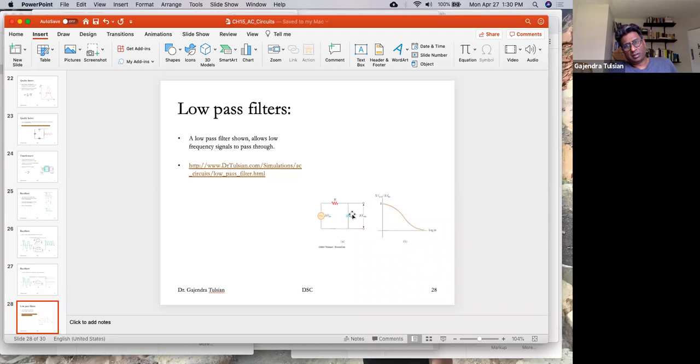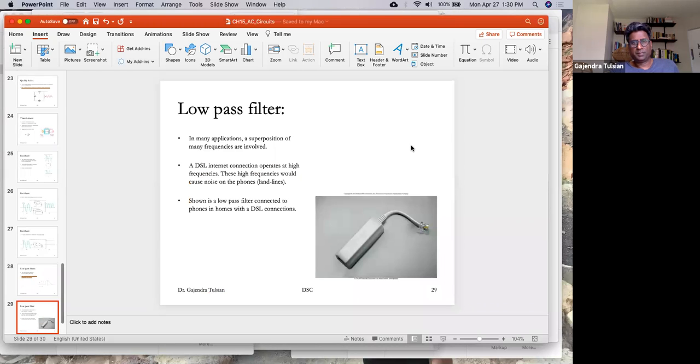Remember, the impedance of a capacitor was 1 over omega C. So as the frequency increases, the impedance goes to 0, and if you have 0 impedance, you don't see any voltage across it. So for high frequencies, you don't see any voltage. This device only lets through the low frequencies, so this is a low pass filter.